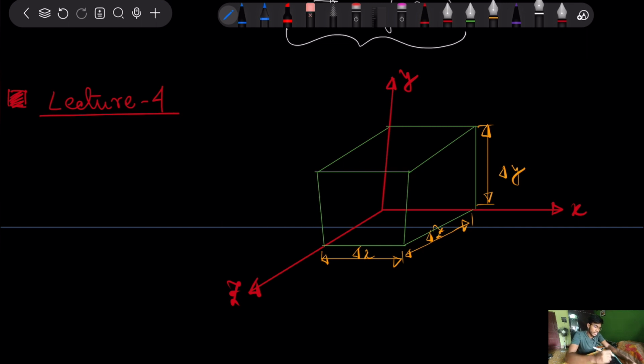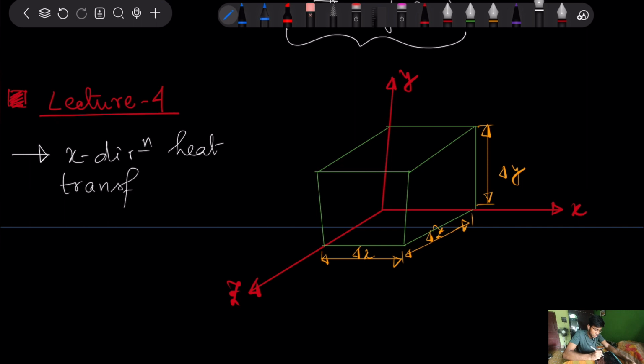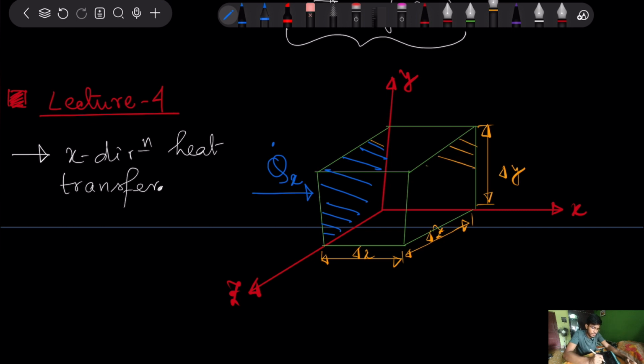So considering only heat transfer in the x direction, you see that from this face q dot x, the rate of heat transfer, is entering, and from this face the rate of heat transfer is q dot x plus delta x.